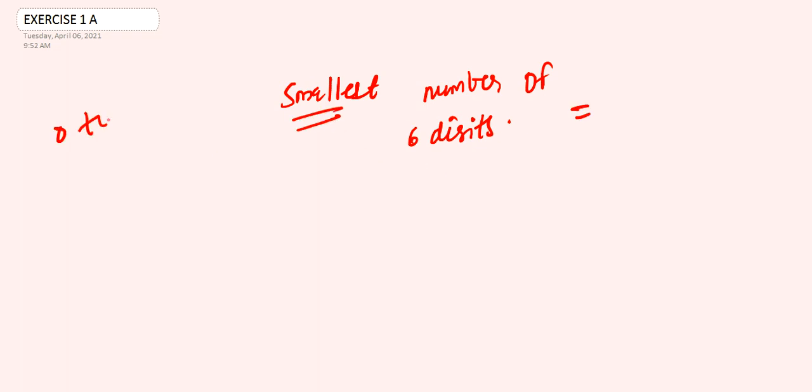So from 0 to 9, as you know, the smallest digit is 0, but a number cannot begin with 0. So for that reason we are using 1. So for the smallest number of 6 digits, first you have to write 1. Then followed by zeros. Now you can count 1, 2, 3, 4, 5, 6 and that is 6.